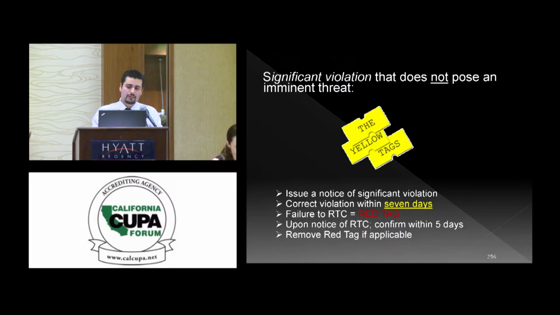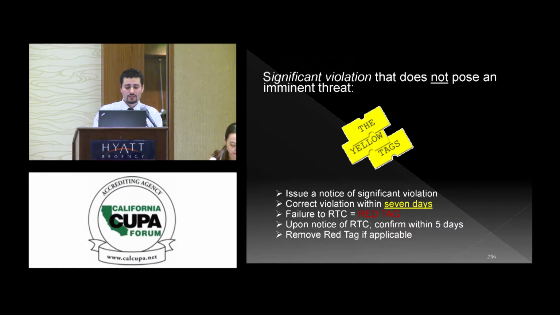Okay, so a significant violation that does not pose an imminent threat, what does that entail? Essentially, we call this the yellow tag, right? Well, that's a little joke. It's not really a yellow tag. Basically, what we do is we issue a notice of significant violation, and they need to correct that violation within 7 days.